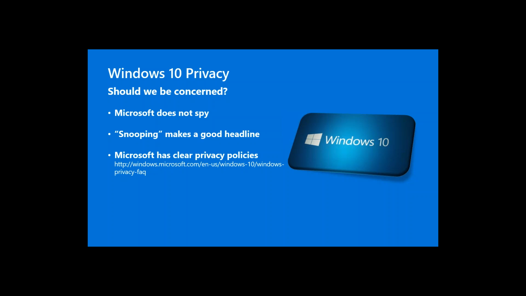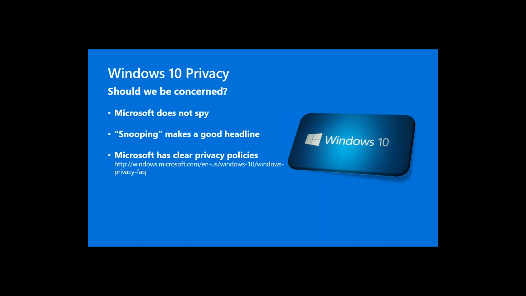And recently, because of the headlines around Windows 10, they have even added some language to tell you why they might access that information. For example, to deliver an email to you, they need to get to the email to see who the mail is to, who it is from, and scan the content to block spam and those sorts of things. So that's happening, and they are very transparent about what is happening, and even more so now about why. And there are also tools, as I mentioned before when talking about Cortana, to turn those features off.